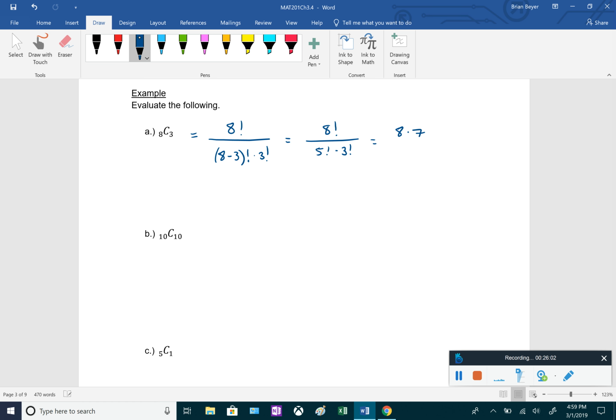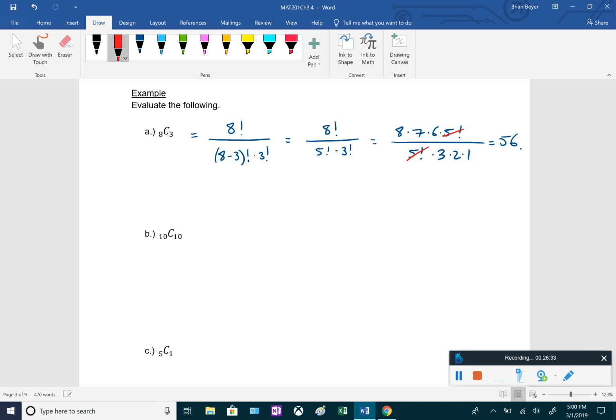So I'm going to rewrite the numerator as 8 times 7 times 6 times 5 factorial, because that's the biggest one in the denominator. And then I'm going to write 3 factorial as 3 times 2 times 1. I wrote it this way because we can cancel off the 5 factorial. So it's 8 times 7 times 6 divided by 3 times 2 times 1.